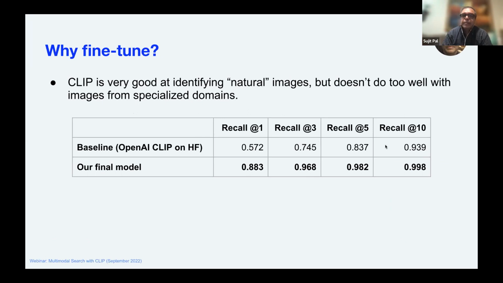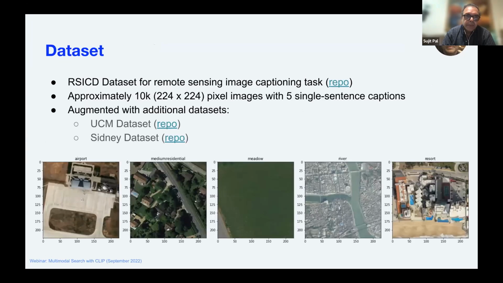And after we fine-tuned, our best model has a recall at 1 of 0.88 and 0.99 respectively. So the answer, I guess, is that if your images are not natural images, then fine-tuning CLIP can take your results from decent to pretty much spectacular, right? That is our rationale, basically.